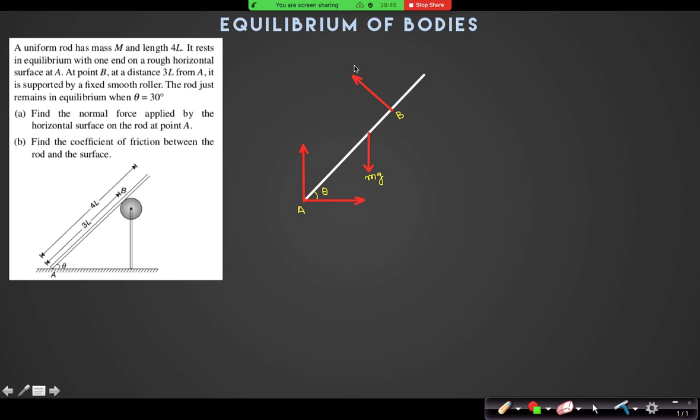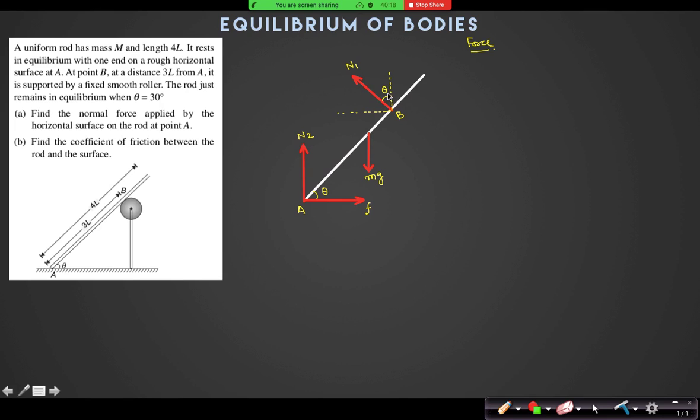Yes, towards left. So let us assume the normal reactions to be N1, N2, friction to be F. So what equations will I write? First, let us break the components of N1 in order to force balance. This angle is theta, this is theta, this is theta.